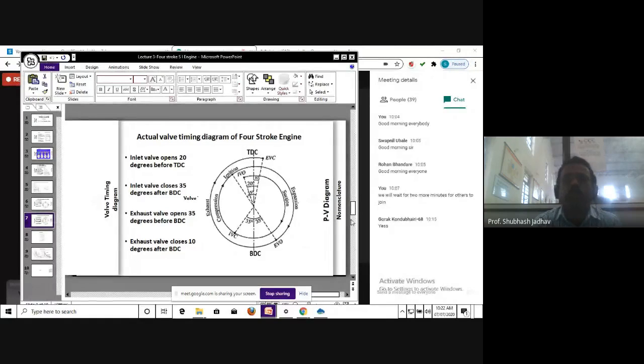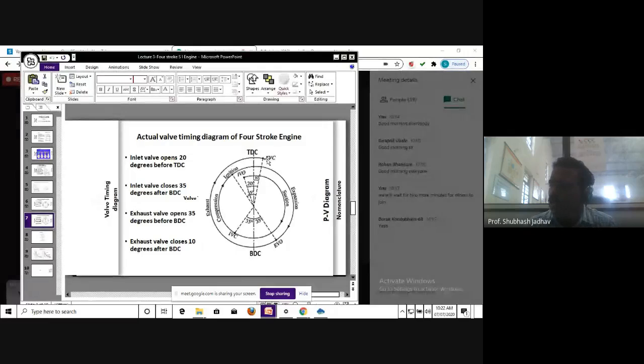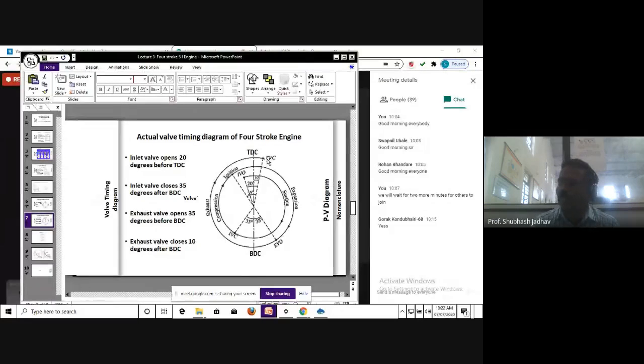So optimum values of wall opening have to be there. We have to ensure that optimum values of exhaust wall closing and inlet wall opening timing are maintained. That is very important when we are discussing the wall timing diagram.